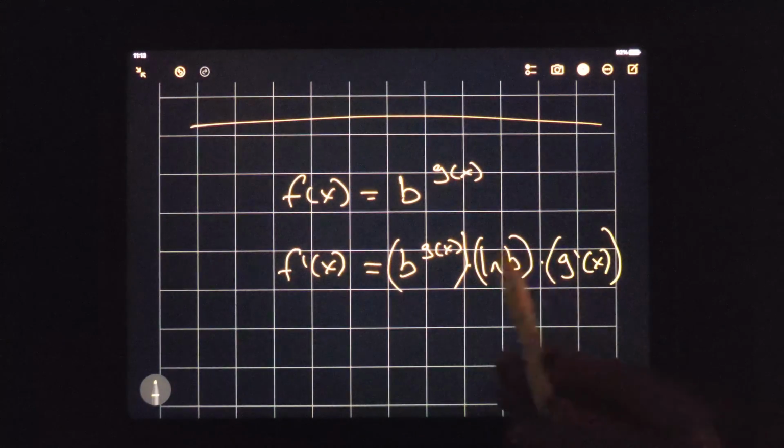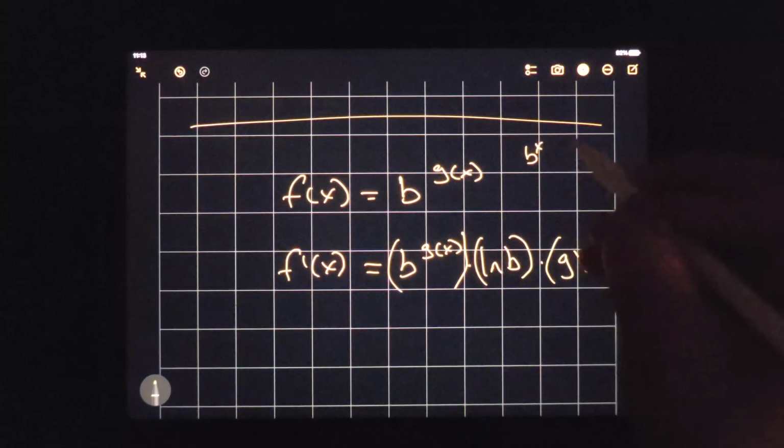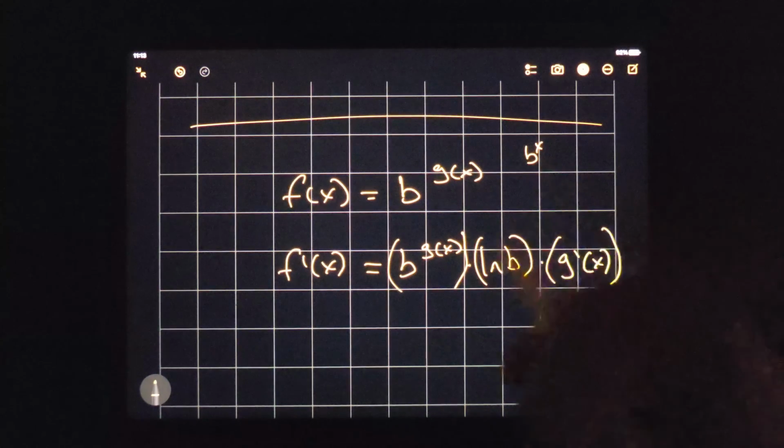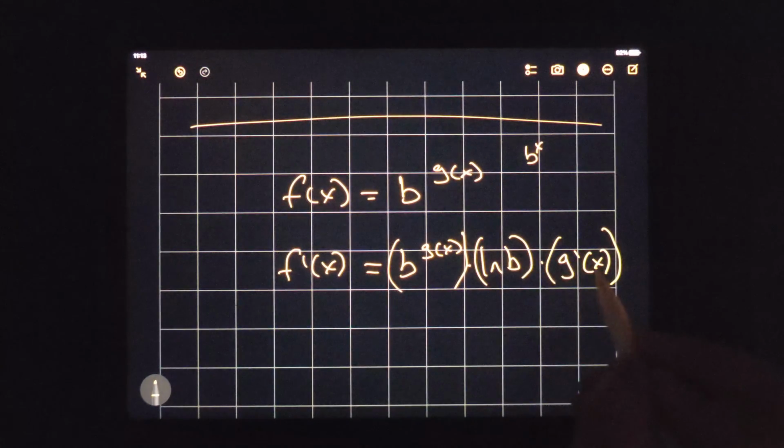And I guess that made sense earlier when it was just b to the x, because you would have b to the x times ln b, and then the derivative of the exponent would just be 1 anyways if it was an x.